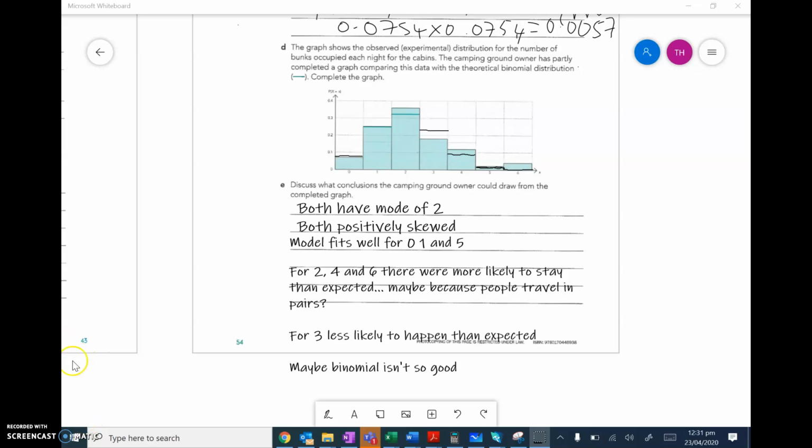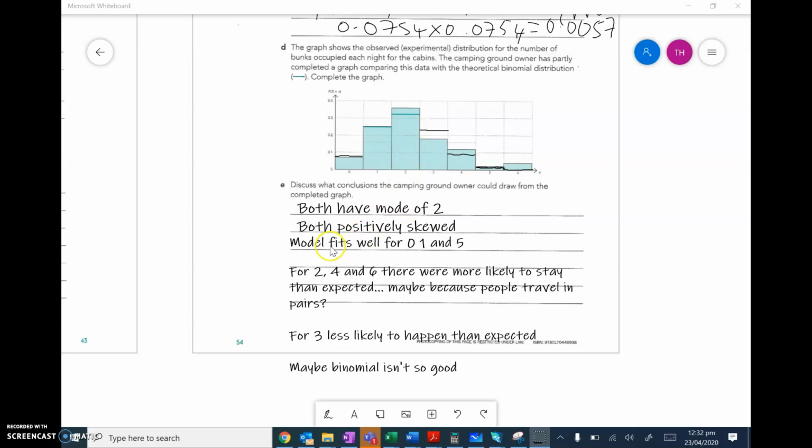So remember the boxes that are originally drawn are what he observed in his cabin, and these lines are the theoretical probability of it happening. So this is what he expects to see. These lines are the amount, the chance, the probability he expects to see this many people. So what we have is both distributions, the experimental and theoretical, have a mode of 2.